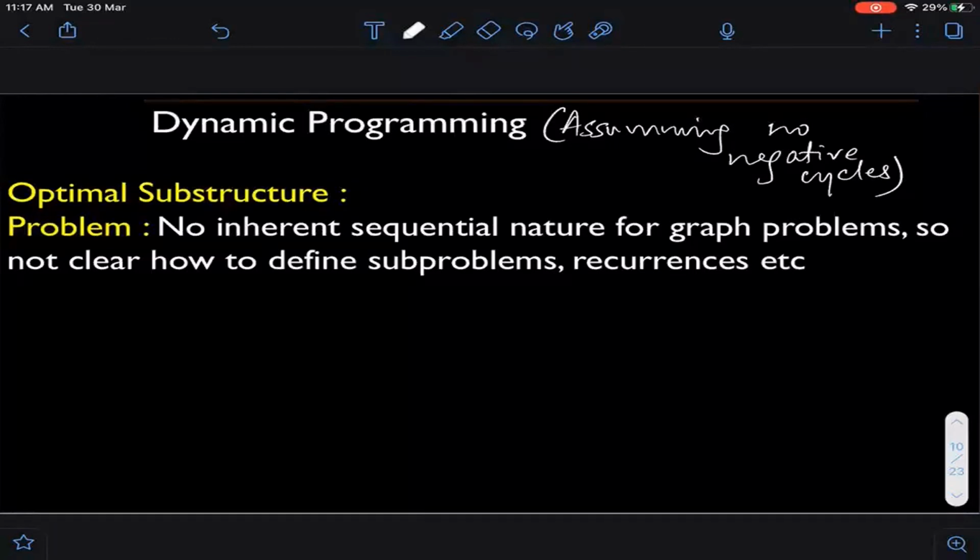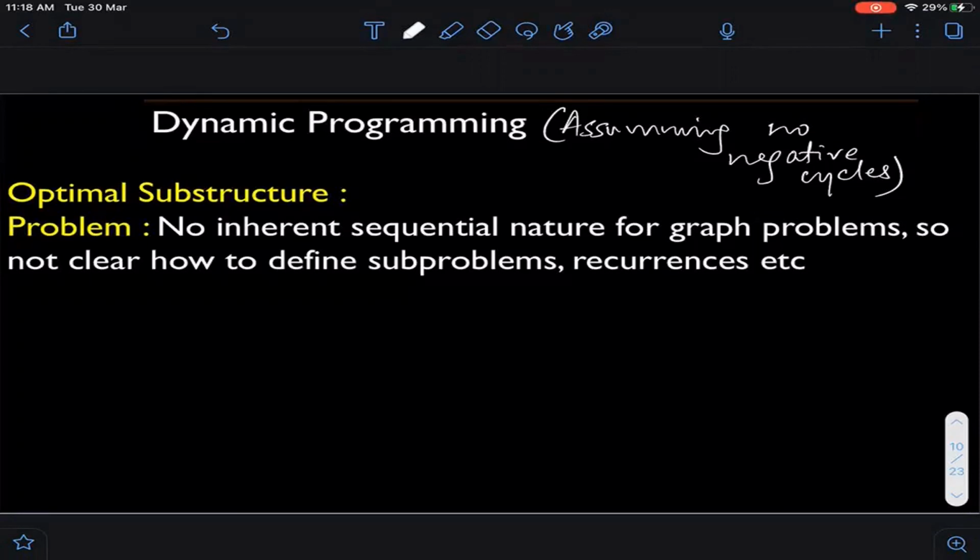Okay, let's now start thinking about dynamic programming. I need to find the shortest path, and I want to build a dynamic program. Whenever I want to build a dynamic program, we need to think about the optimal substructure. Any initial ideas of what an optimal substructure should say here?